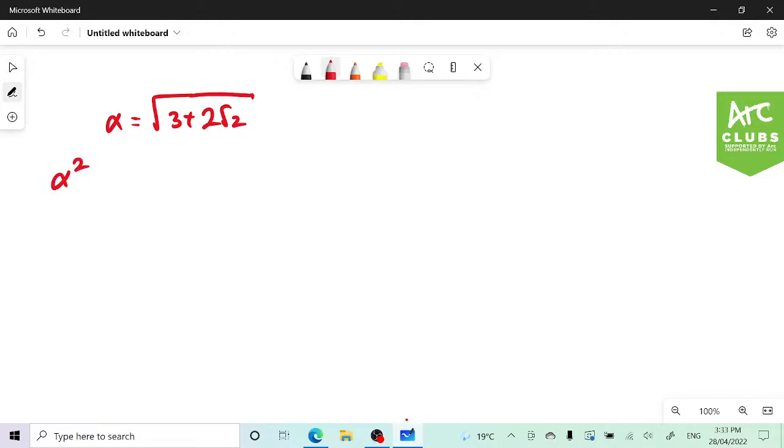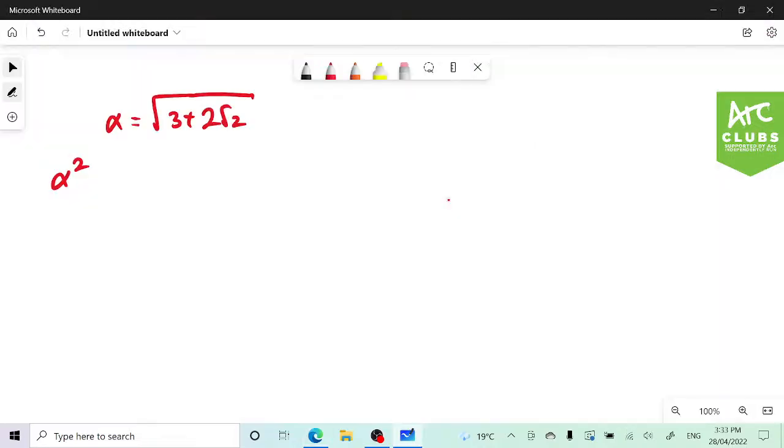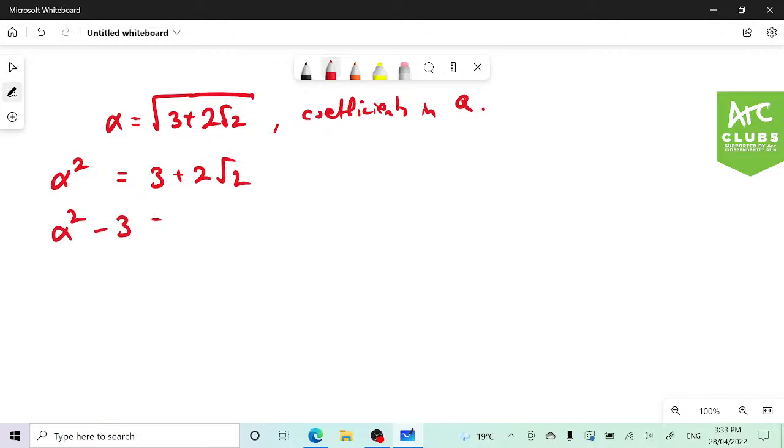Remember that you want to find a polynomial whose coefficients belong in Q. So if we square both sides, we get this. And then we can move the 3 to the other side, and we obtain this as a result.